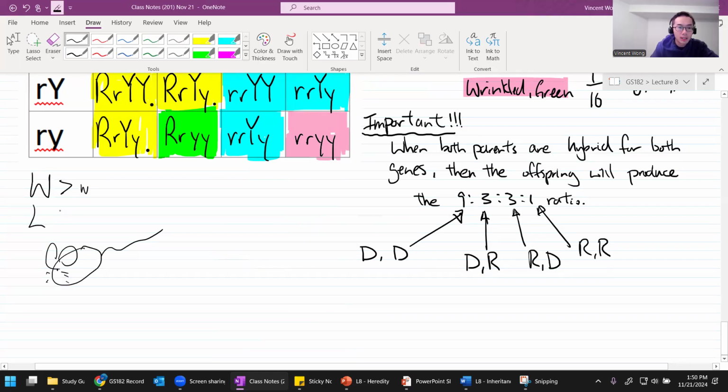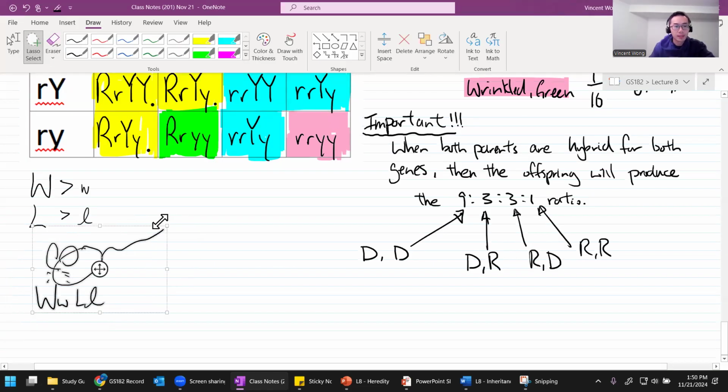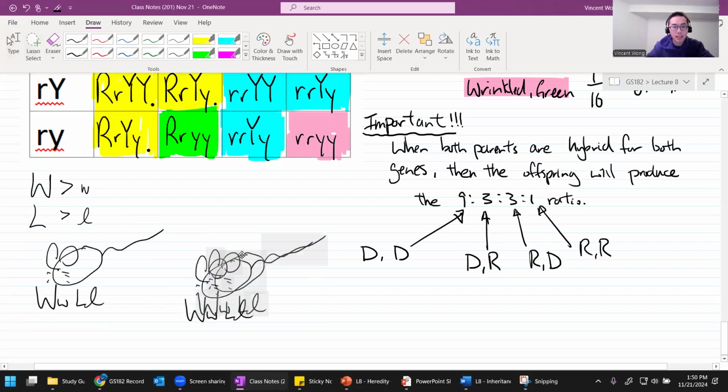And then long is dominant over short. So we have a hybrid individual, a hybrid for both traits, and we're going to cross them together.